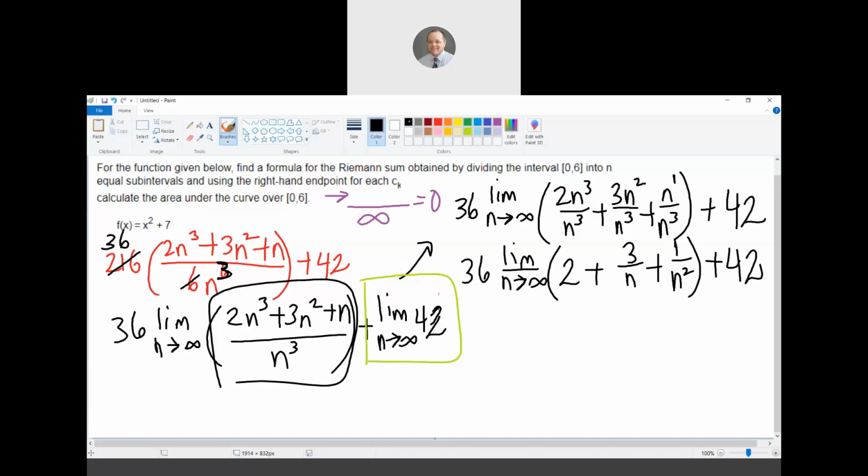All right, the limit of 2 as n approaches infinity, that's still 2. Three over infinity goes to 0 per our little formula here. And 1 over infinity squared is still 1 over a very, very large number, and that also goes to 0.